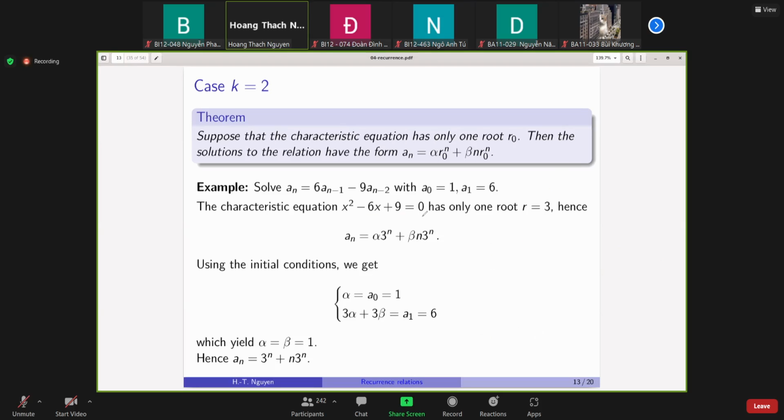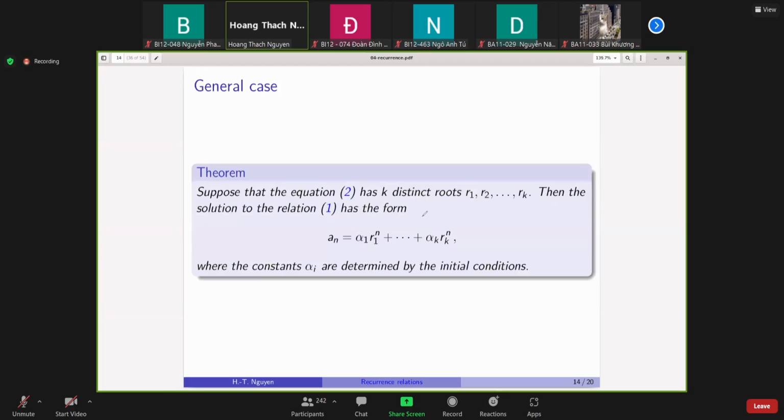Okay, so we have treated the two cases for the simplest of our relations. That was the relations of degree 2. For the general case, it is a little bit more complicated, but we also distinguish two cases. The first case is when all the characteristic roots are distinct. Okay, so this case is easy.